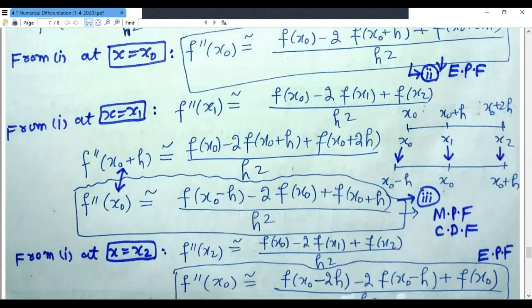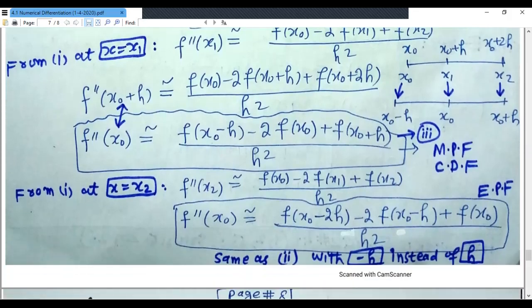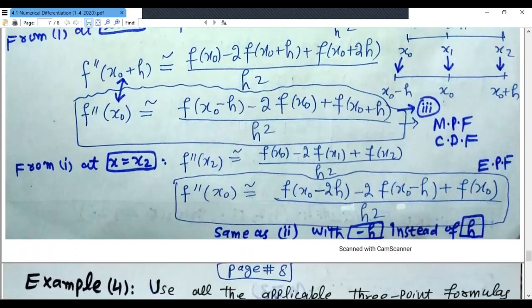Now we have another formula: f double dash of x naught is approximately equal to f of x naught minus h minus 2 times f of x naught plus f of x naught plus h, all divided by h square. This is called the second derivative midpoint formula, or we can say the second derivative midpoint 3-point formula.